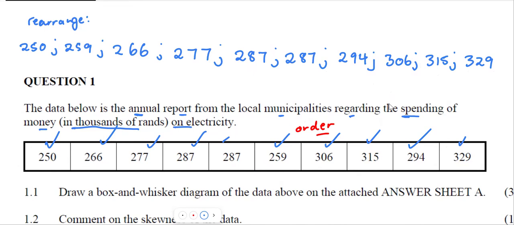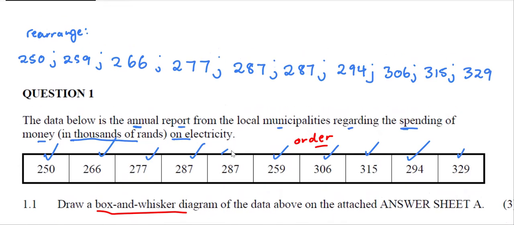All right, so this is what we are given. These are the given data values, arranged in the order of size so that we can determine the 5-number summary which is needed for the box and whisker diagram.